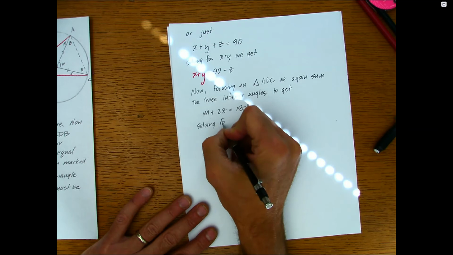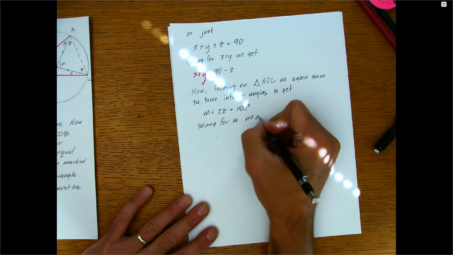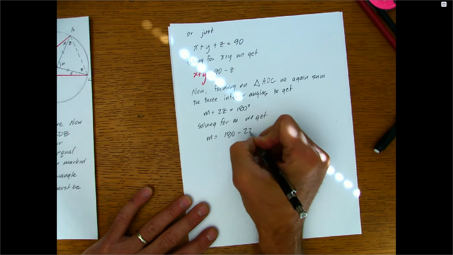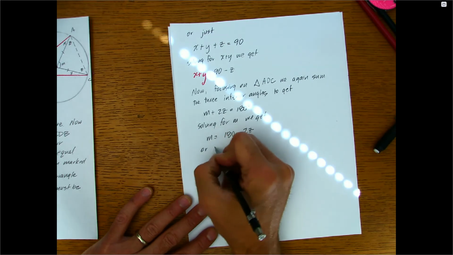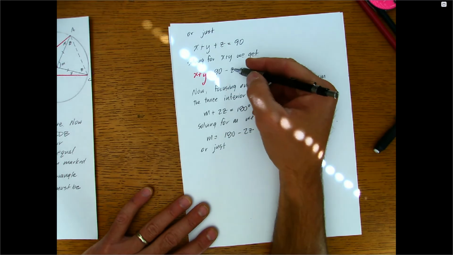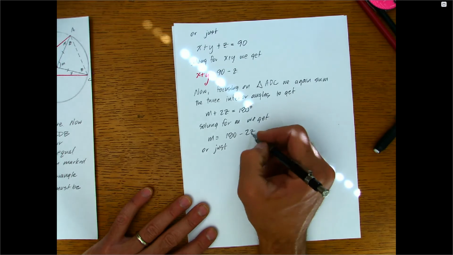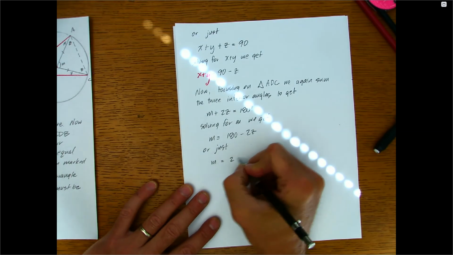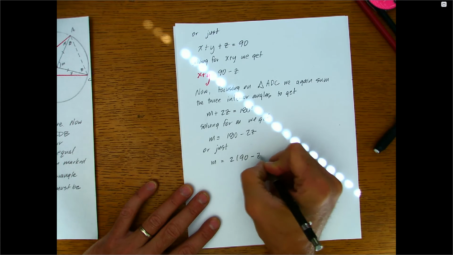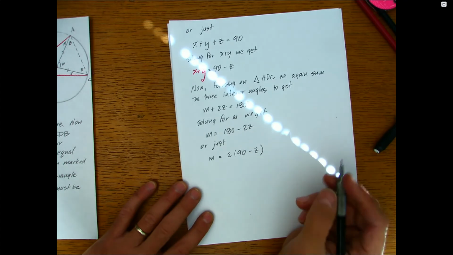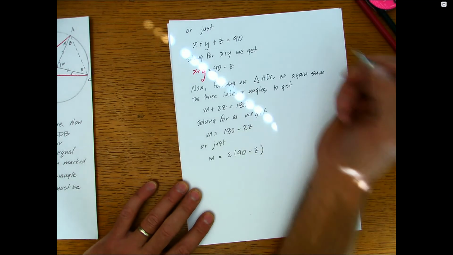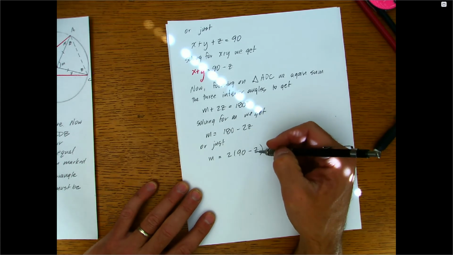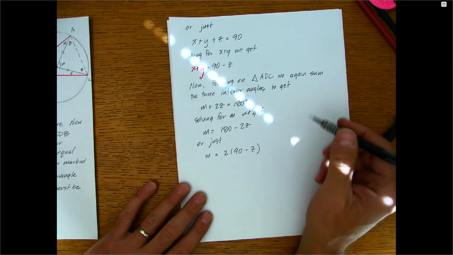Solving for m, we get m is going to be equal to 180 minus 2z. Let's make it completely clear, we want to show that it's double that. So what I think would be a good idea would be to factor out the 2. M would be equal to 2 times (90 minus z). At this point it's fairly evident to me, but maybe we could summarize it.